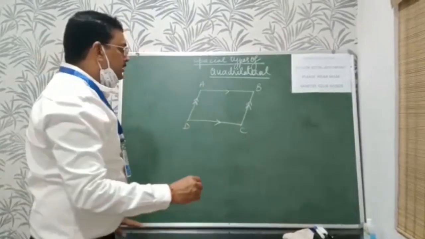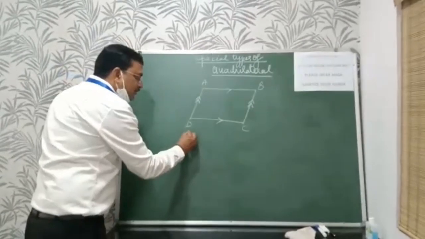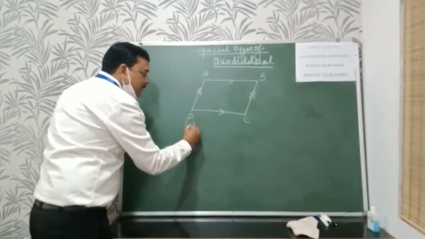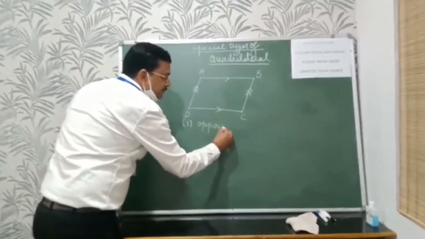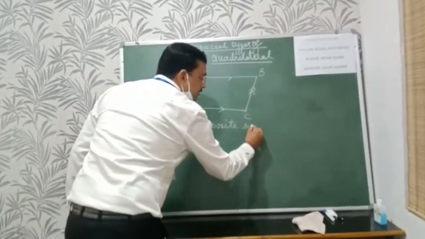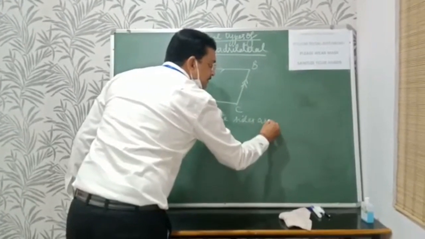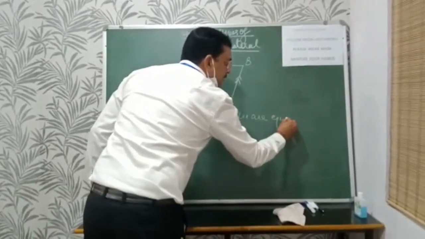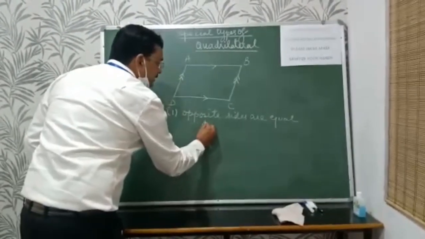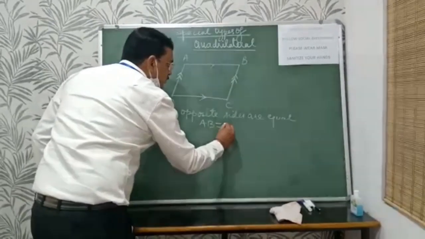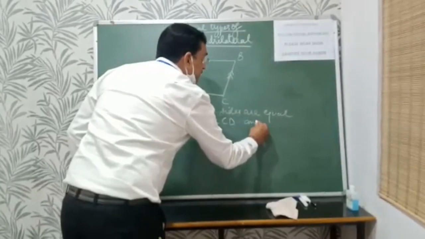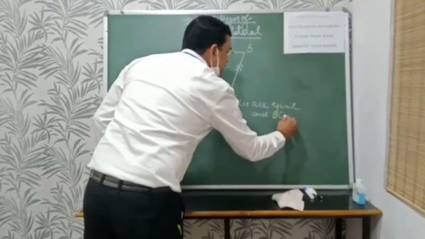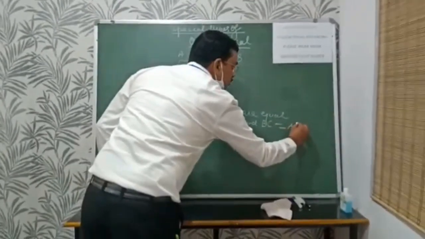Now, according to the properties of a parallelogram, first, opposite sides are equal. It means AB is equal to CD and BC is equal to AD.